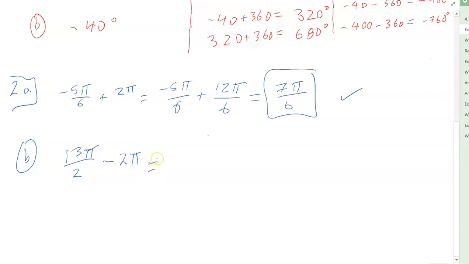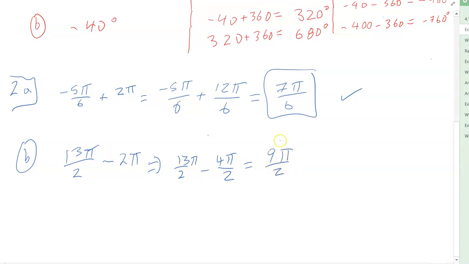So make this 13 pi over 2 minus 4 pi over 2, because 4 pi over 2 is the same as 2 pi. 13 minus 4, that's going to be equal to 9 pi over 2.